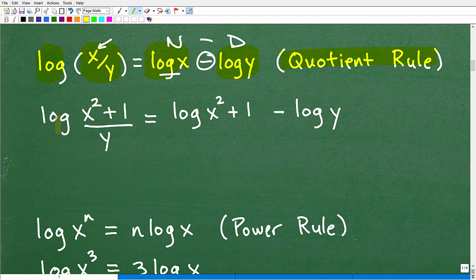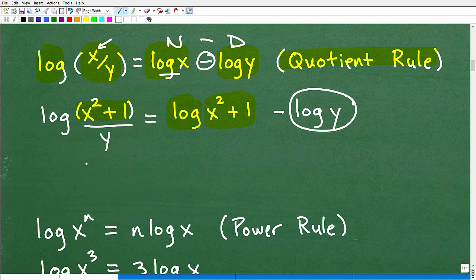Let's take a look at this example problem. So we have log x squared plus 1 divided by y. This up right here is our numerator, so I can rewrite this using the quotient rule. So it'd be log, here is our numerator, x plus 1, and I'm subtracting from the denominator log y.